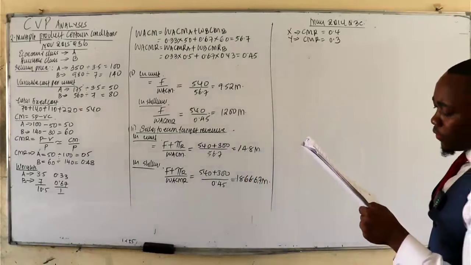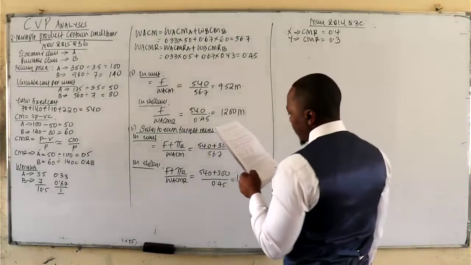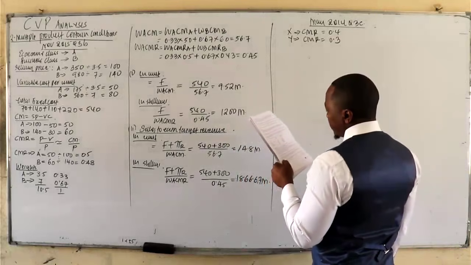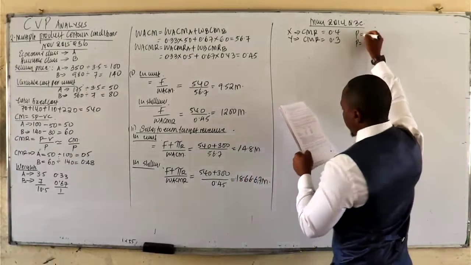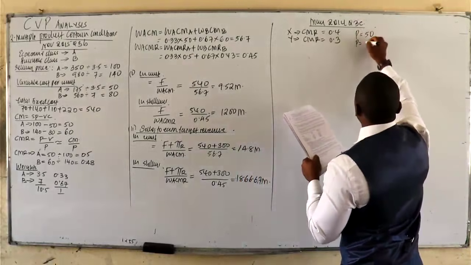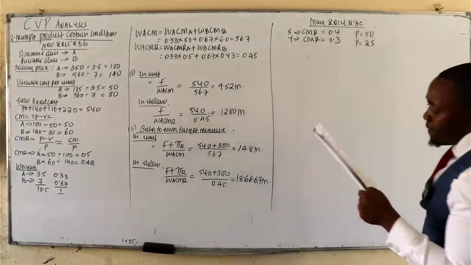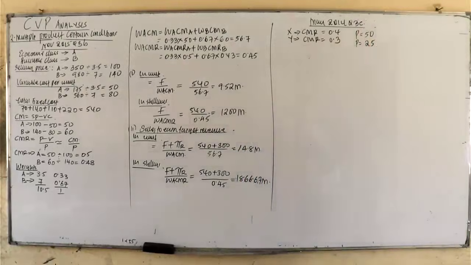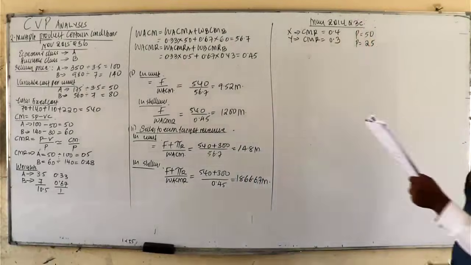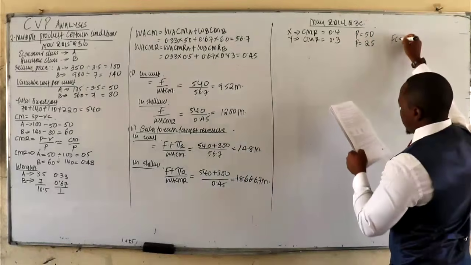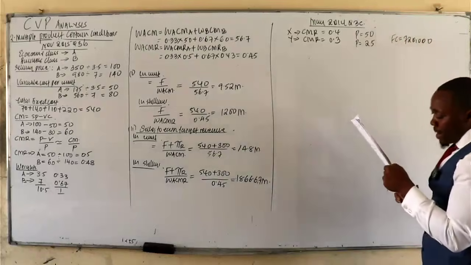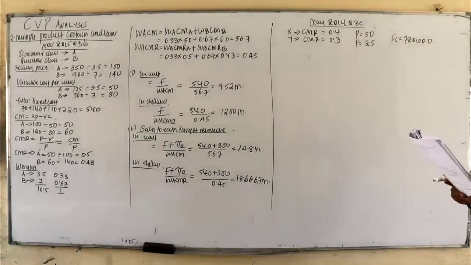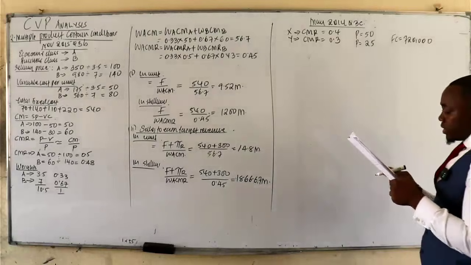And the selling price of products are 50 per unit for X and 25 for Y. So selling price, this is 50, that is 25. Fixed cost amount to 720. The fixed cost is 720 a month.